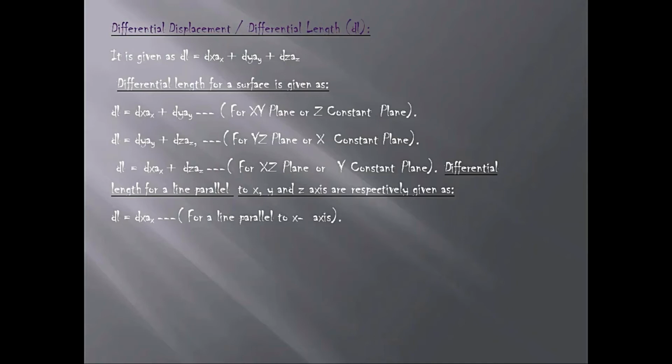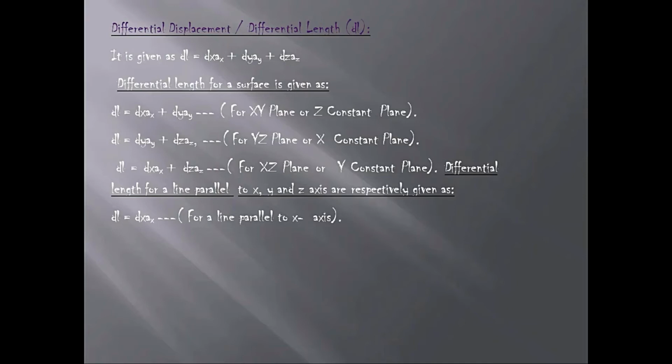As we know that the differentiation of a constant is 0, from the upper equation we get these lower three equations when we keep x, y and z coordinates as constants.